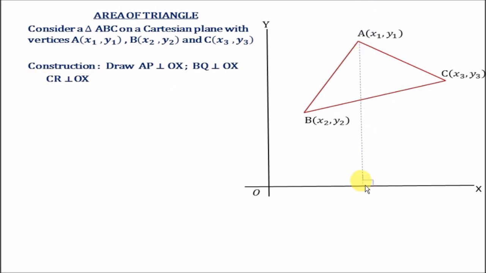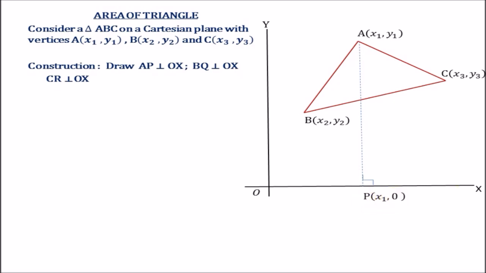Now since point P is on the x-axis, the value of the y coordinate will be 0. And as AP is falling perpendicularly on the x-axis, the x coordinate of P and A will be the same. So the coordinate of P will be (x1, 0).